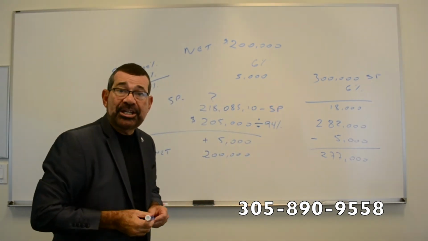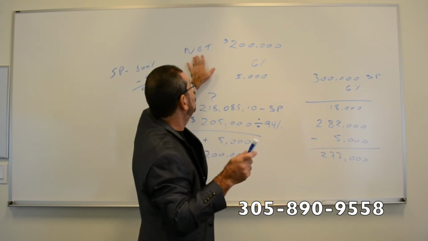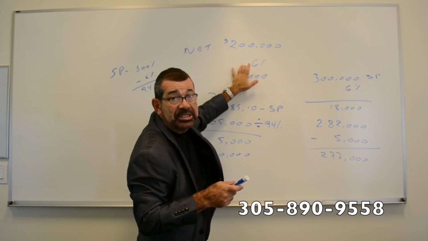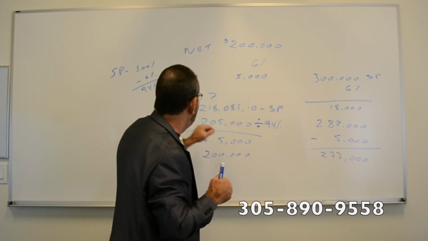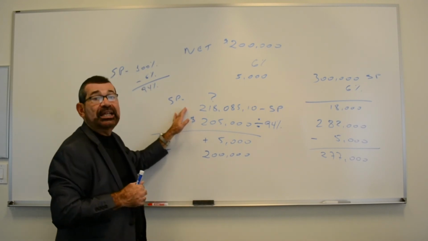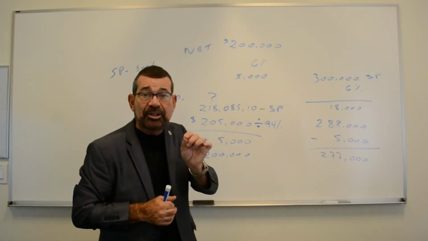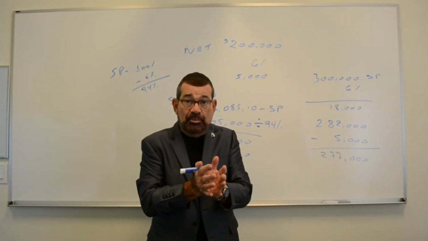So your question is, if the seller wants to net $200,000, the commission will be 6%, and the closing cost is $5,000, how much does he have to sell it for? If you do this math, you're going to get to this number. Now, let me tell you one thing. You want to make sure that you get to the correct number.